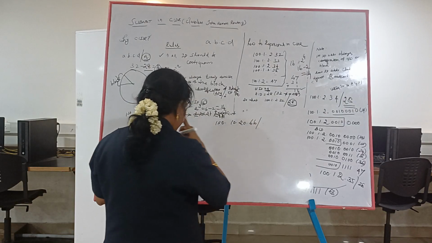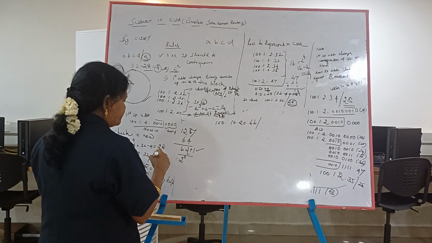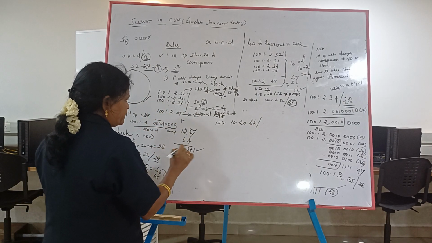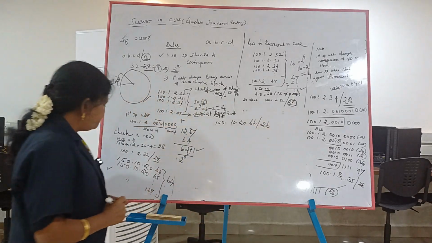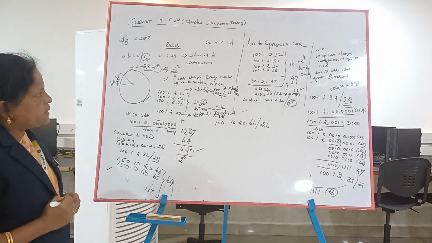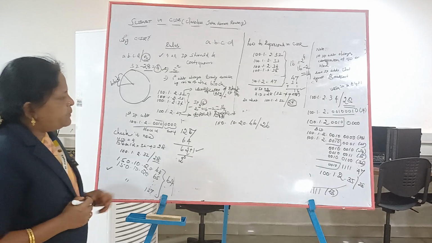So here what happened? 32, 26. Yes, 26. So what is the meaning of this?